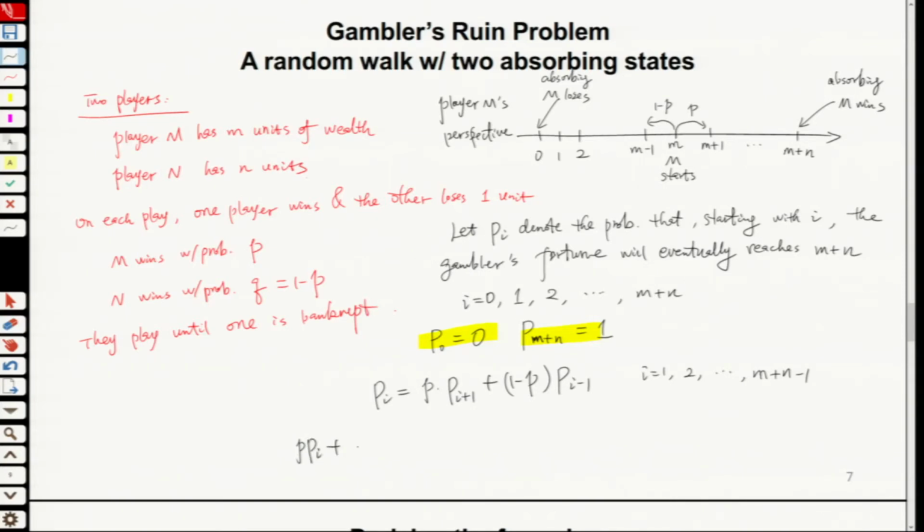Pi times P plus Pi times Q equals P Pi plus 1 plus Q Pi minus 1. Why? Because Q equals 1 minus P. And also this actually indicates that P plus Q equals 1. Okay?